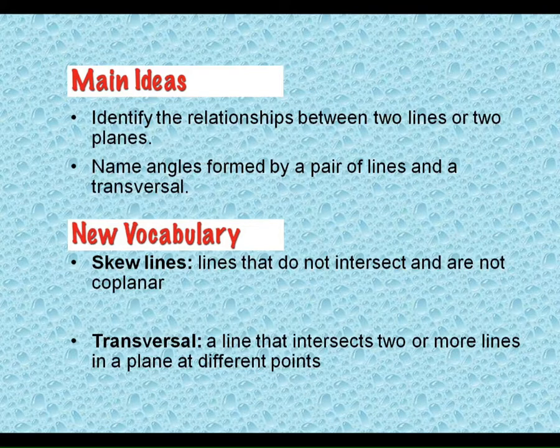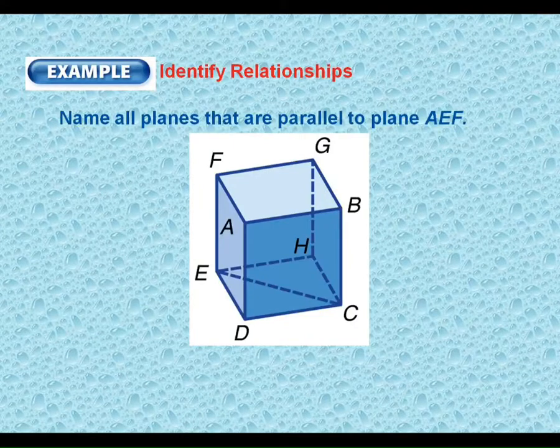Okay. So in this figure, first, what are planes that are parallel to plane AEF? Remember, we name planes with 3 points, not on the same line. So plane AEF is that one right there on the side. What's a plane that's parallel to that plane?